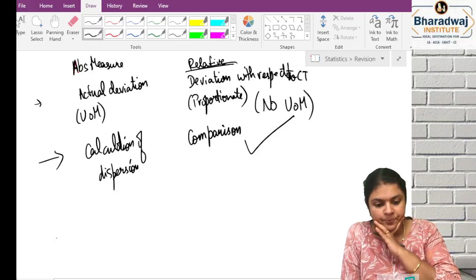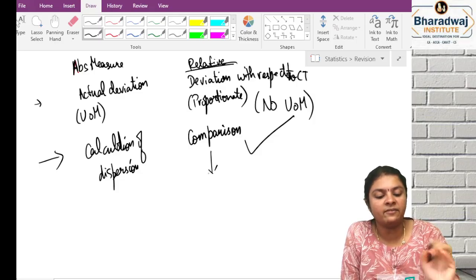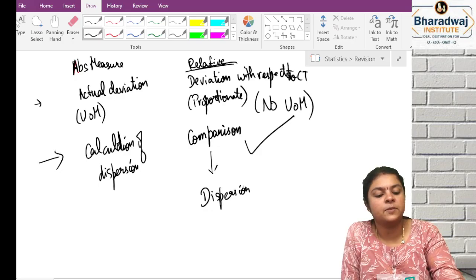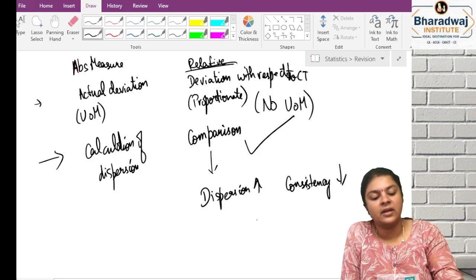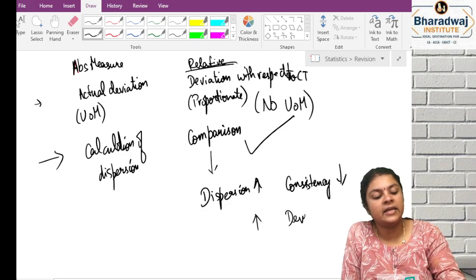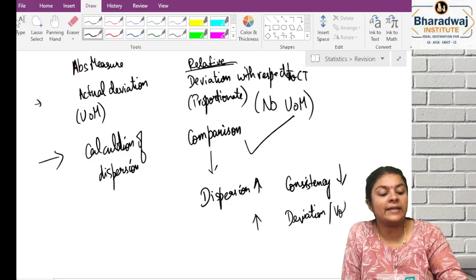Clear with this? And remember the rule: whenever you are doing comparison, if dispersion is high, then consistency is low. Similarly, if dispersion is high, deviation, volatility or risk, all are high.